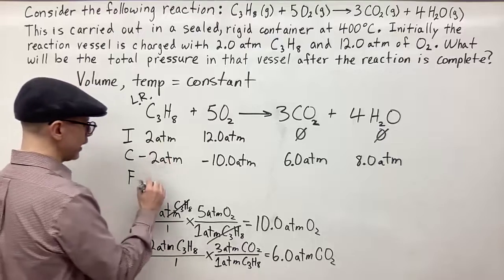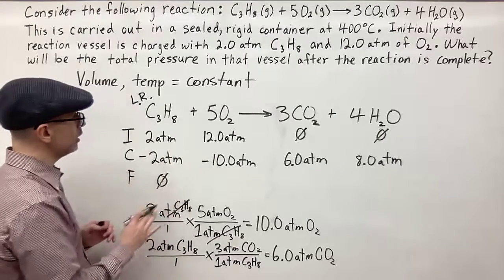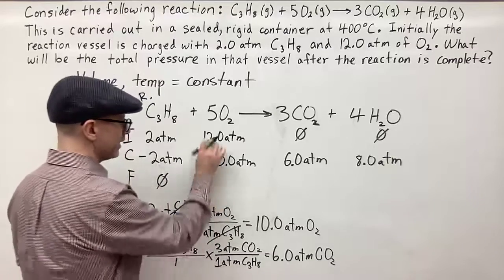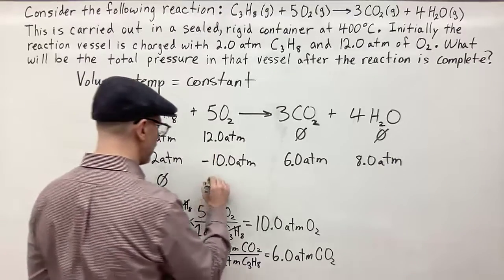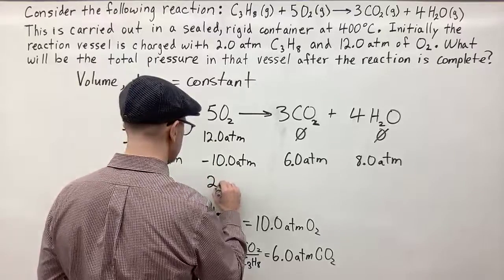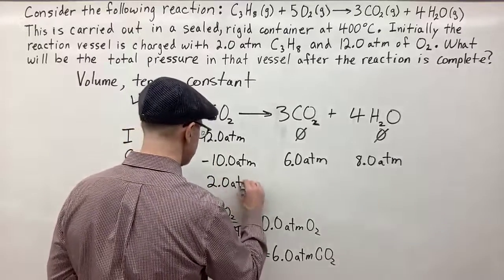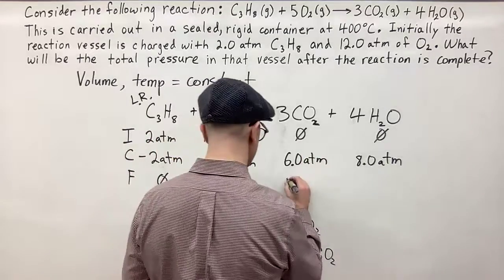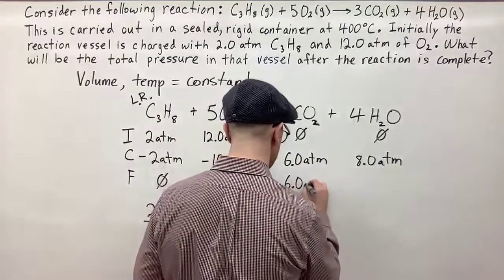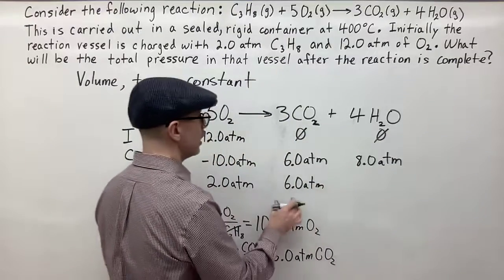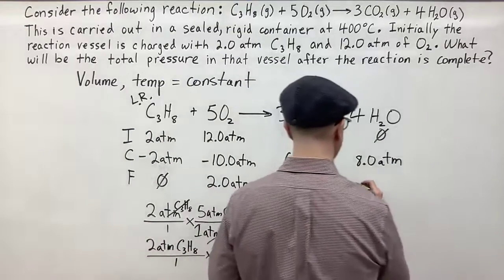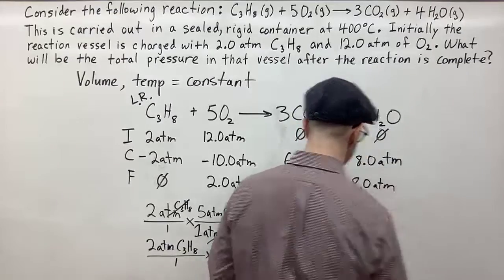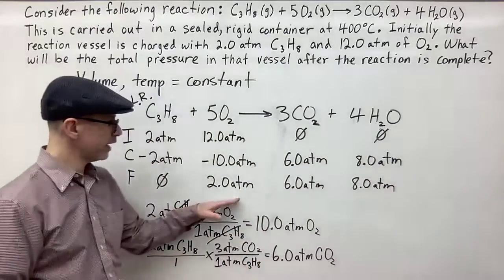Adding these together, I get 0. So I have no propane left over since that's the limiting reagent. Then I add these together, subtracting 10 from 12, and I end up with 2.0 atmospheres of oxygen. And adding these together, of course, that's going to be 6.0 atmospheres of carbon dioxide. And adding these together, I get 8.0 atmospheres of water vapor.